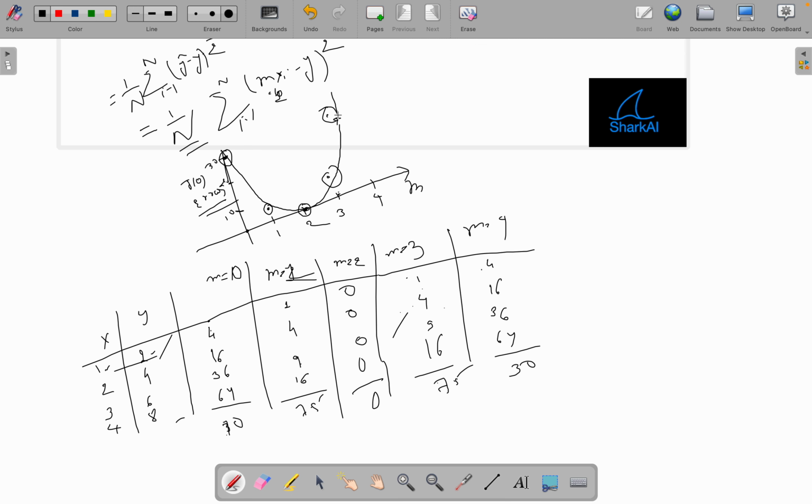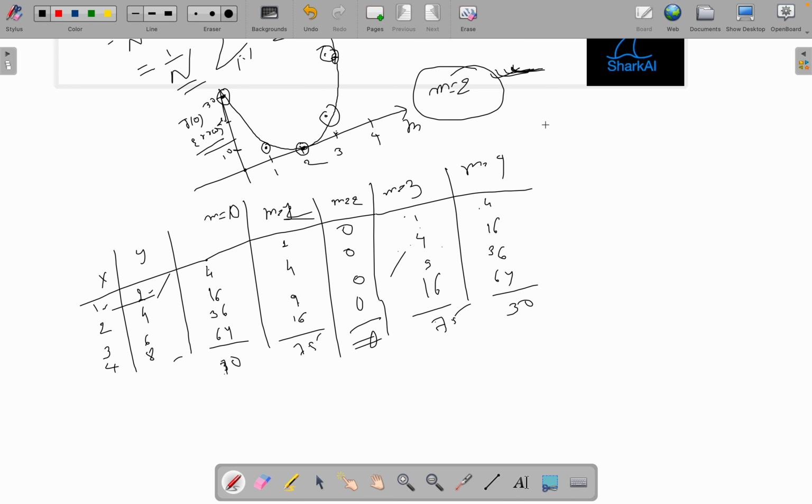Okay, so you can see here the error is minimum, or you can say the error is 0 at m is equal to 2. Okay, so this will be determined by our model that m is minimum as error is minimum at m equal to 2, that is coming as 0.